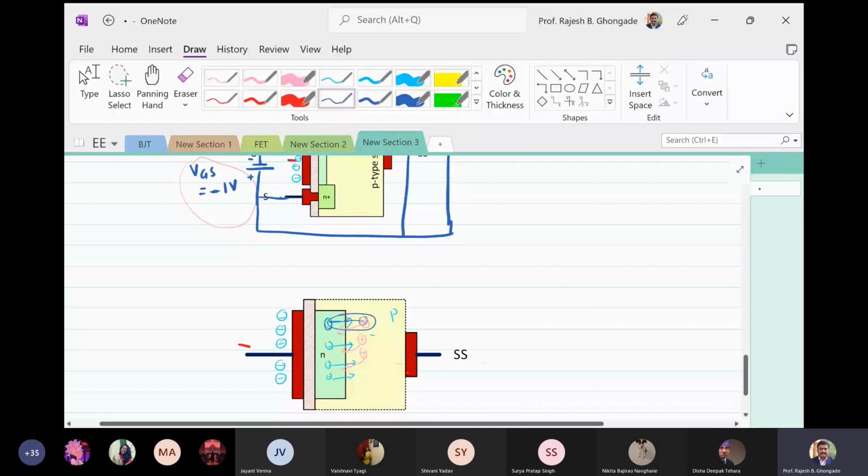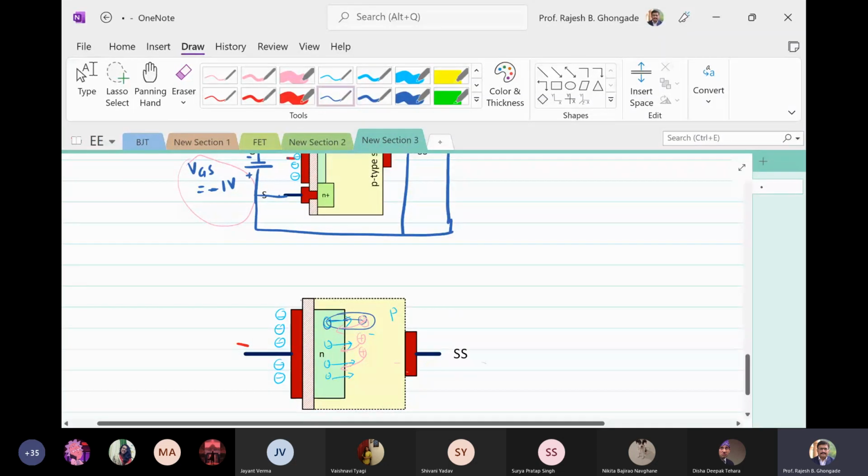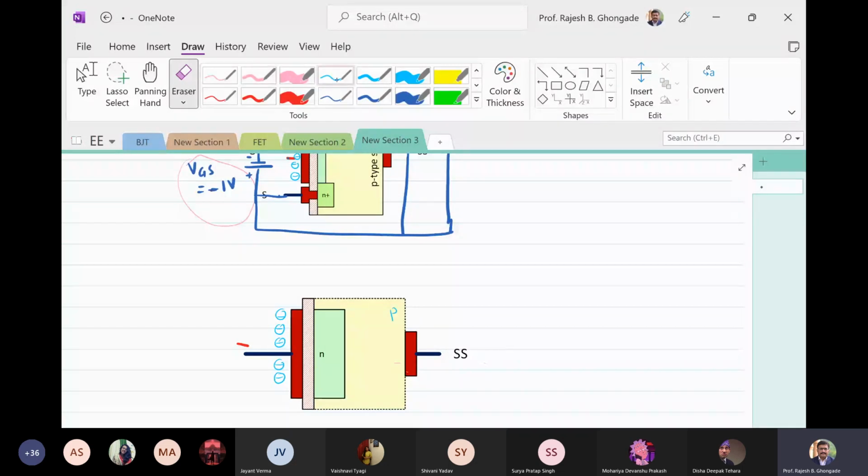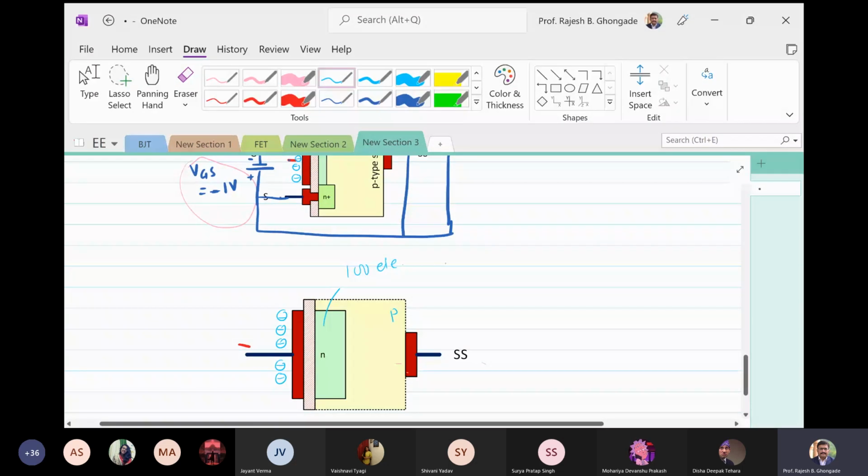Now, if recombination takes place, what will happen to the total number of electrons in this channel? Suppose there were 100 electrons here, and because of the application over here, say 50% or 50 electrons get recombined with 50 holes.